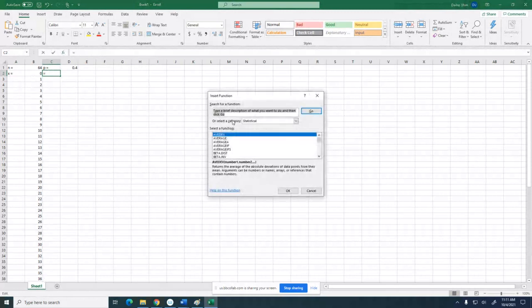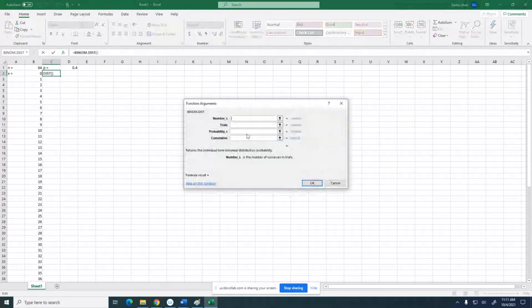Go to the function, statistical, select binom.dist. The number of successes is 0, the number of trials is 64, and the probability of success was 0.4. In Excel, the function binom.dist returns two kinds of probabilities.